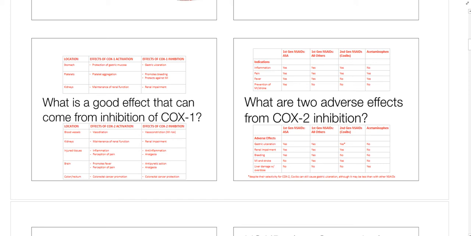With the COXIBs, it's a little bit less because they are a little bit more selective for COX-2, and gastric ulceration is more of a COX-1 issue than a COX-2 issue. But there is still some impairment of the gastric protection, and so you can still get some GI ulceration. It's supposed to be less. But Tylenol doesn't have that risk at all.